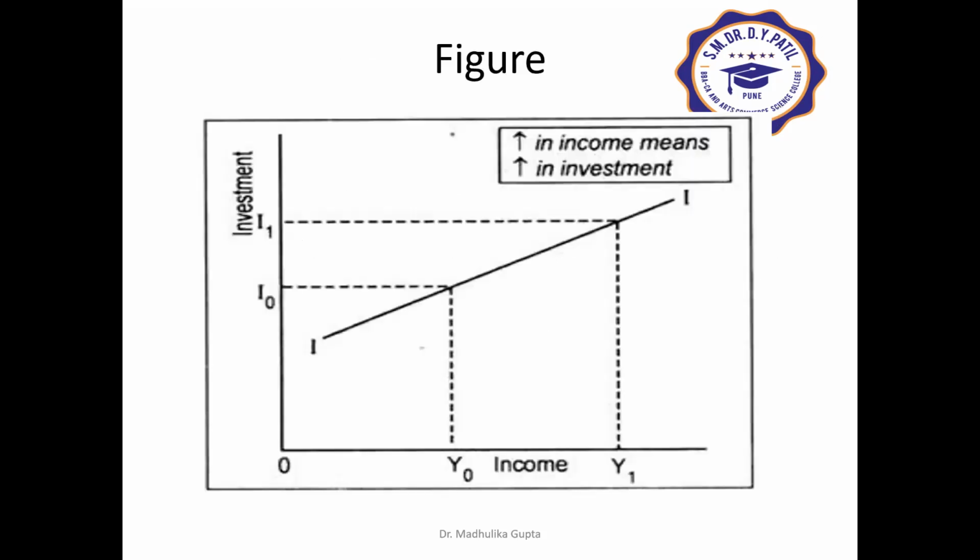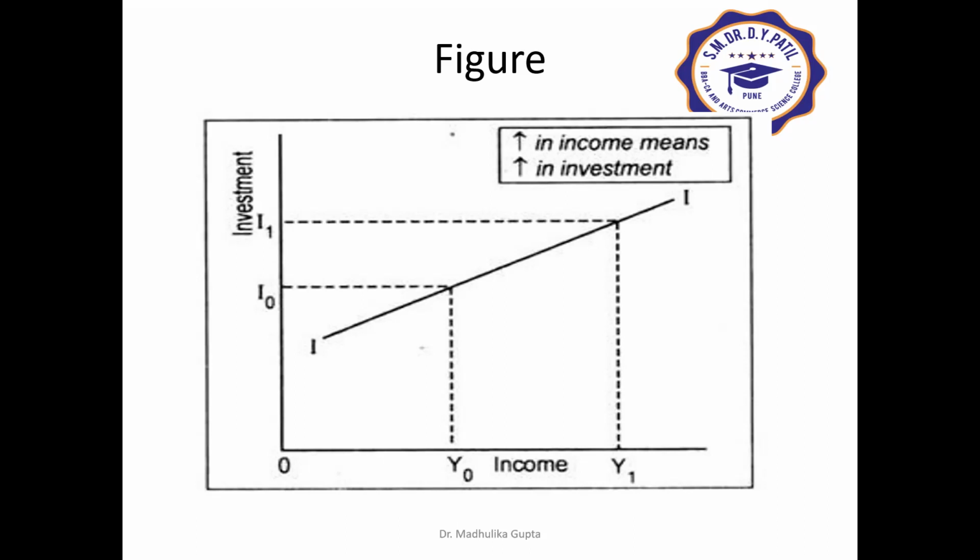Let's see the figure here. It shows that as national income rises from OY0 to OY1, induced investment increases from OI0 to OI1. You getting my point? See on the axis that when income rises from OY0 to OY1, the induced investment also rises from OI0 to OI1.